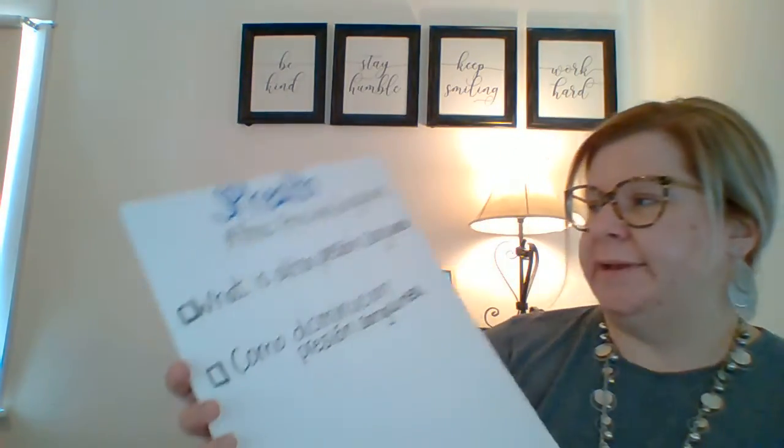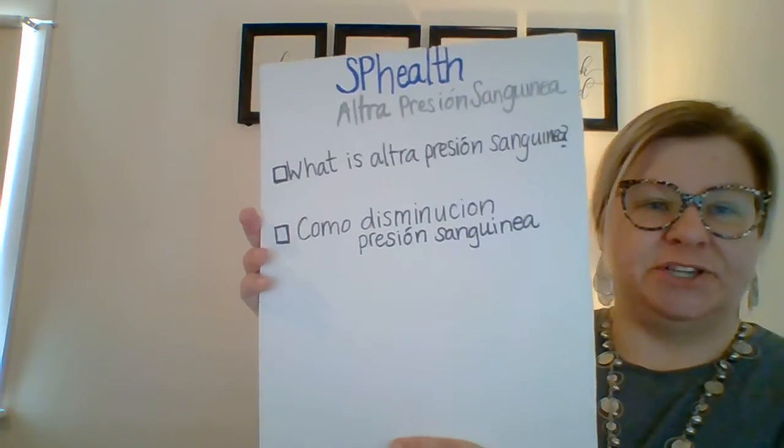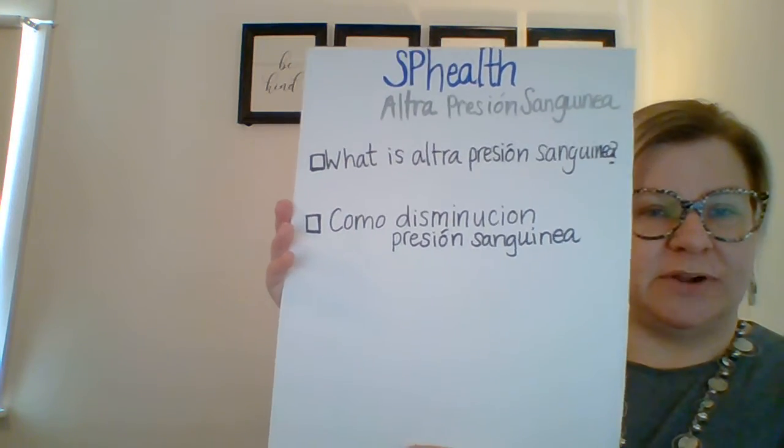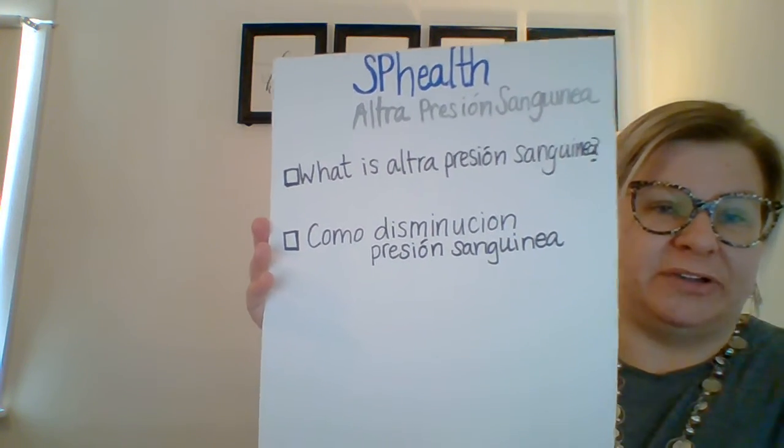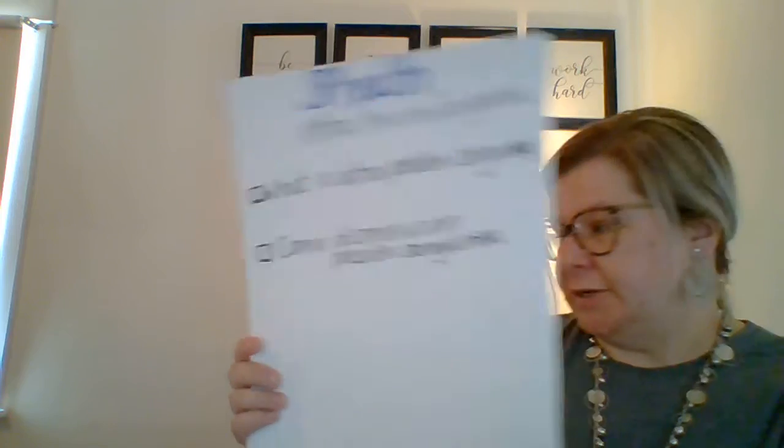And then there's also going to be a page on education for high blood pressure, describing what high blood pressure is and how to decrease their blood pressure. So my hope would be that when they go to the doctor's office, they are referred to this free app and given the kit, or when they download the app on their phone, they would get the blood pressure cuff in the mail with instructions in Spanish on how to do that.